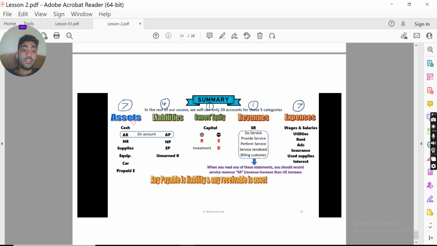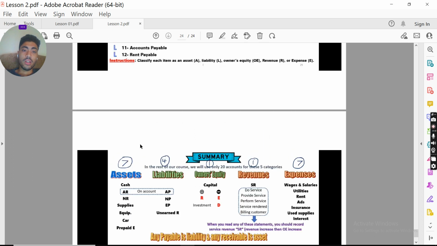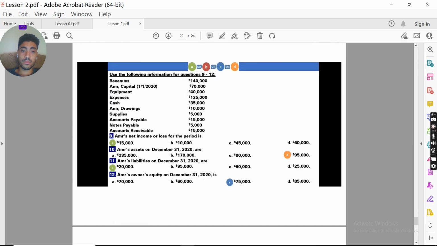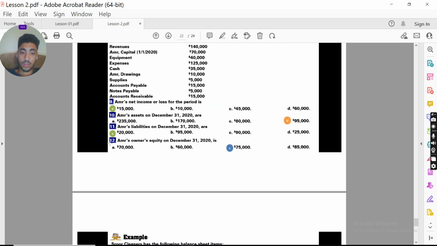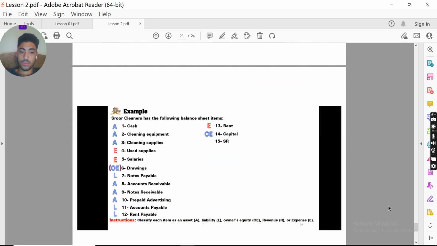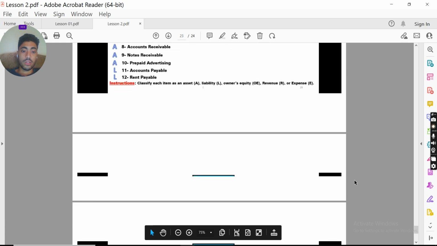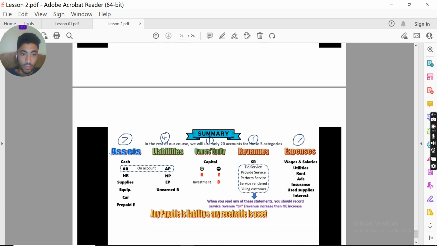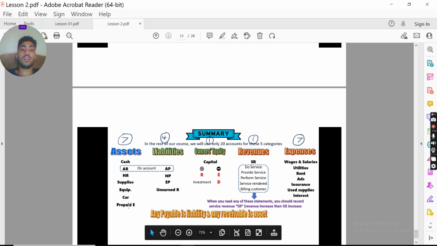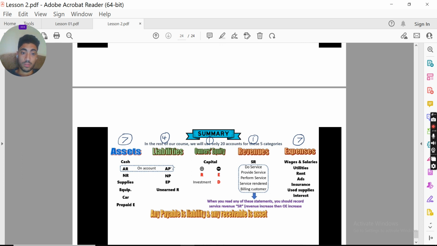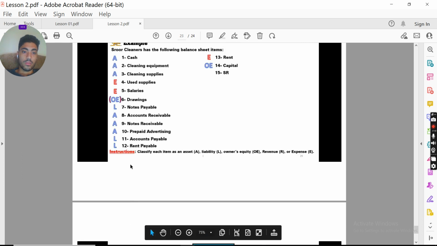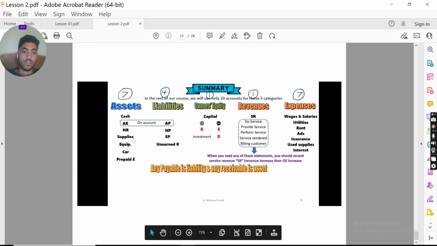What we need to focus on right now in assets are just seven: cash, accounts receivable, notes receivable, supplies, equipment, car, and prepaid expenses, like prepaid rent or something like that.